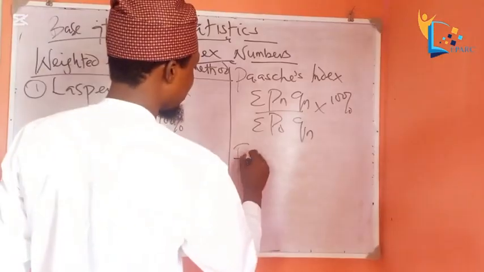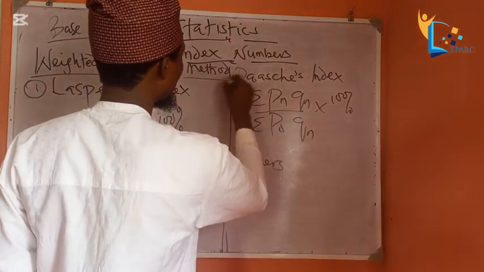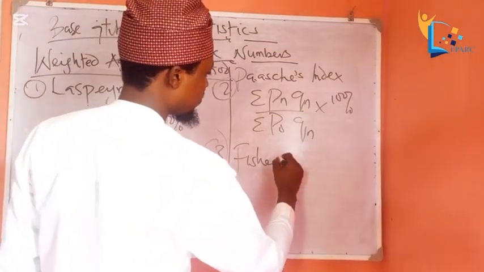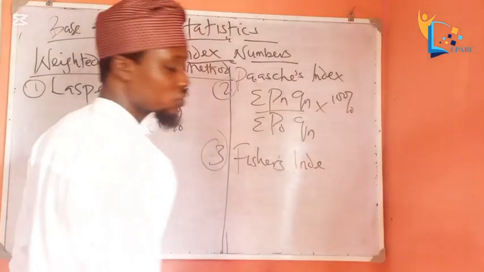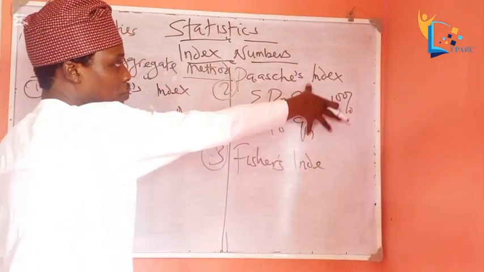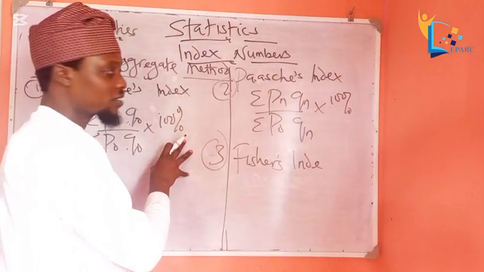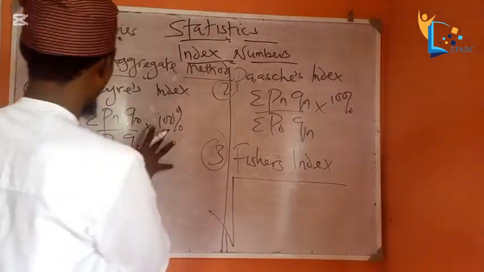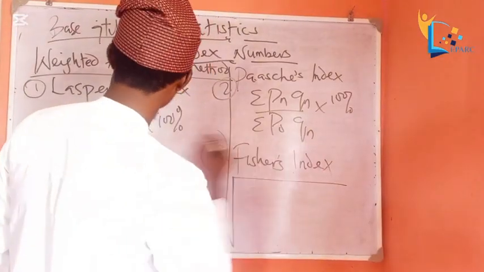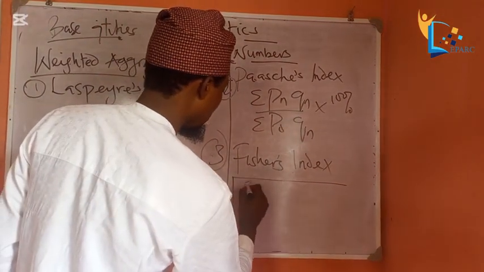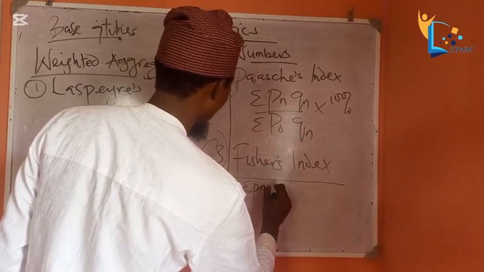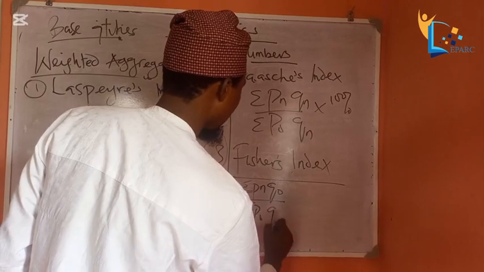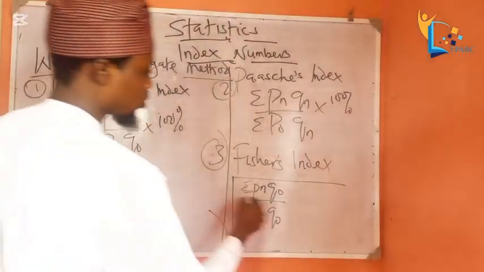Now, for the Fisher's index, okay, this is number 2, this is number 3, okay? Fisher's index is the square root of the product of both the Paasche and the Laspeyre's index, okay? So we have summation of Pn Qn all over summation of Po Qn, this is for the Paasche, okay?